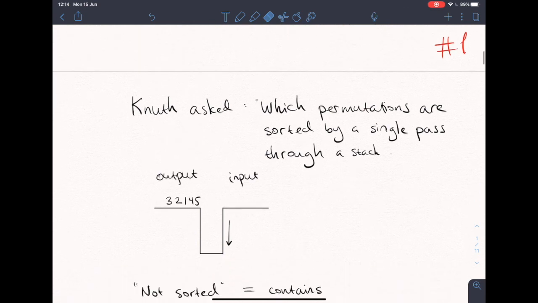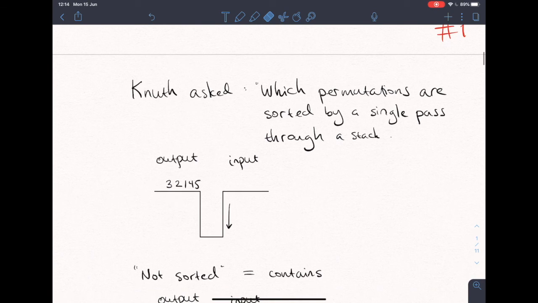And now, to get permutation patterns into the picture, let's realize that not sorted means the output contains the pattern 2, 1, which we can draw like this.